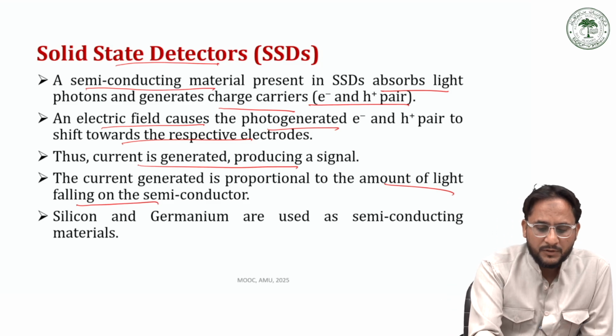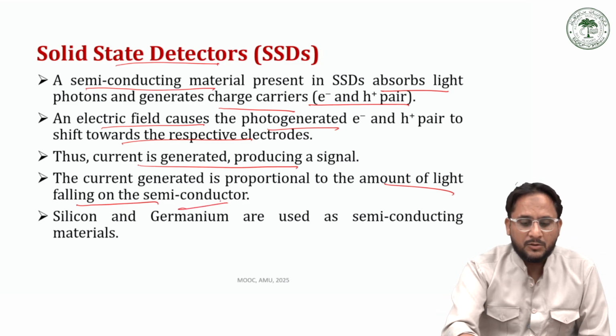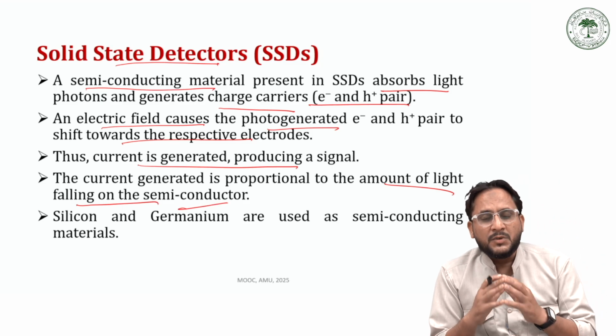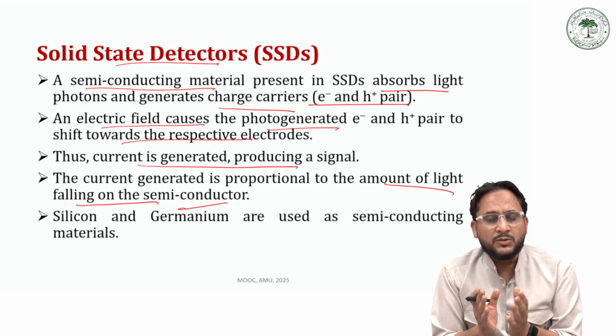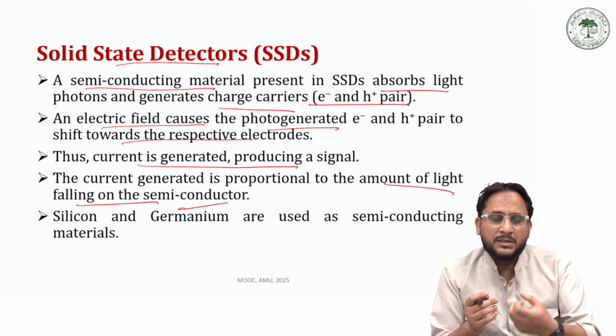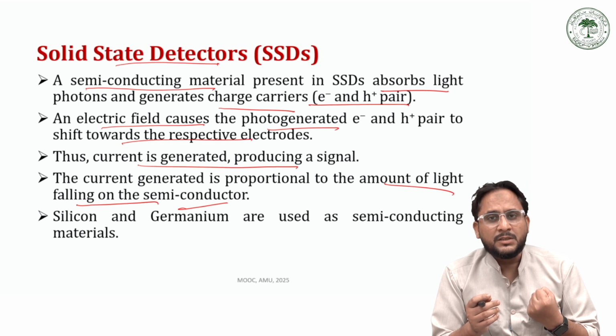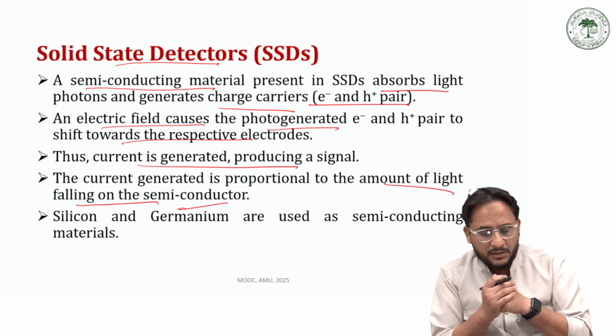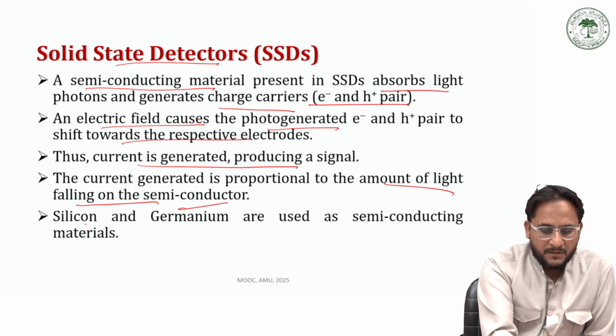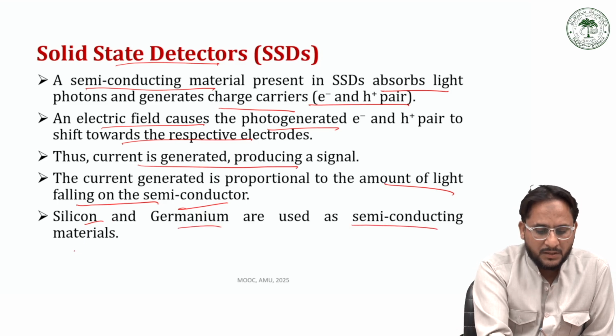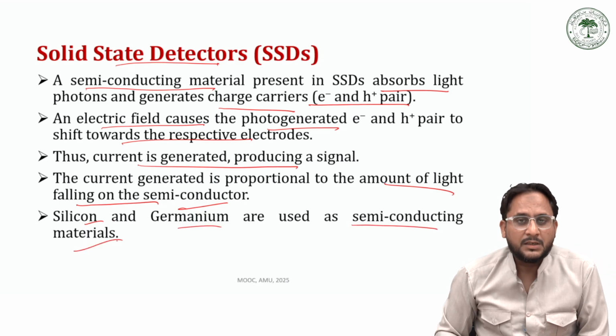and ultimately the current response would be high. Further, the solid state detector must be completely under vacuum. There should not be air or oxygen gas, because oxygen can accept electrons as an electron acceptor, ultimately reducing the electrical signal. Silicon and germanium are used as semiconducting materials in these types of detectors.